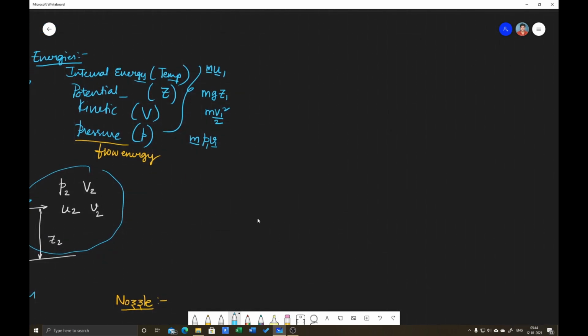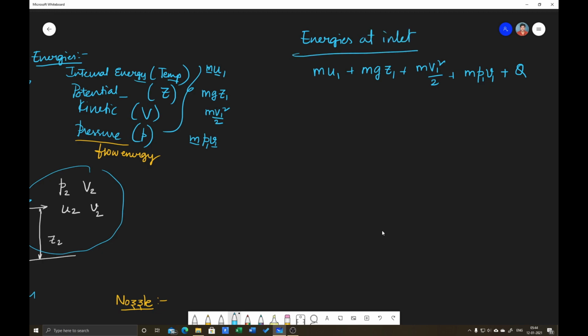Now we will write what are the terms involved. So at the inlet, m into u1 plus mgz1 plus m into v1 square by 2 plus m into p1 v1. So here at the inlet, heat is also entering into the system. We will write it q. These are the energies at inlet.